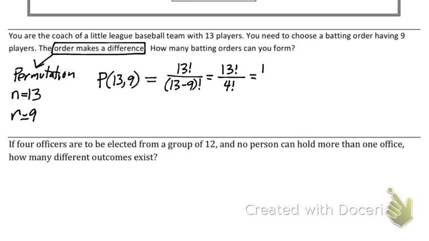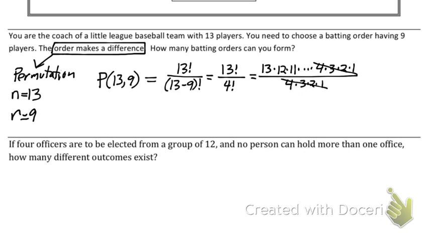It doesn't work out well for this one, but sometimes you can do these in your head, because this would be 13 times 12 times 11 times, and we repeat that until we get to 4 times 3 times 2 times 1. And that's all over 4 factorial, which is 4 times 3 times 2 times 1. Note that these things cancel out.